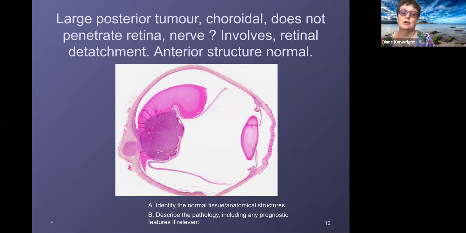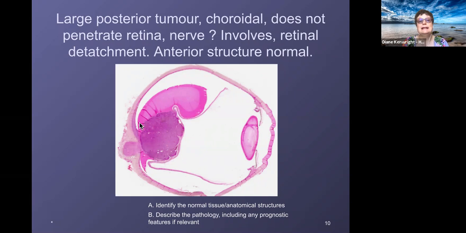Making the right diagnosis here is not hard. What you've got to do is very carefully describe where it is, what the microscopic features are, and what the prognostic features are. So at low power, we can see a mass in the choroid at the posterior pole overlying the optic nerve that elevates the retina, and is accompanied by a subretinal exudate.